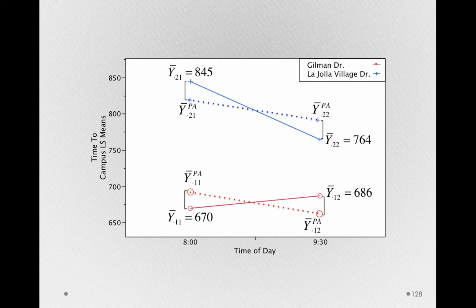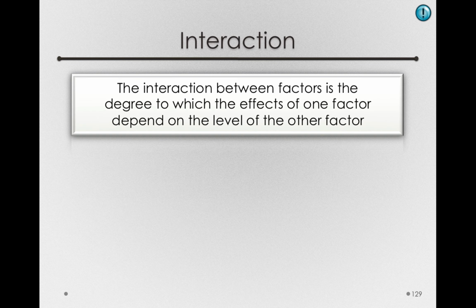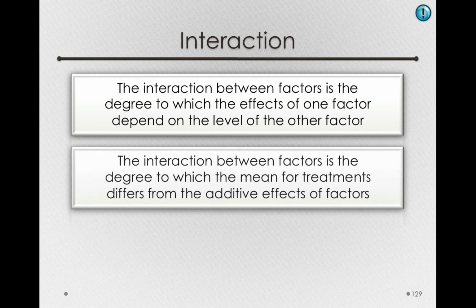So let me actually add in those deviations. There is a difference between the purely additive mean and the observed sample means. And this was the interaction. So the interaction between factors was the degree to which the effects of one factor depend on the level of the other. And a completely analogous interpretation is that the interaction between factors is the degree to which the mean for treatments differs from the additive effect of factors.